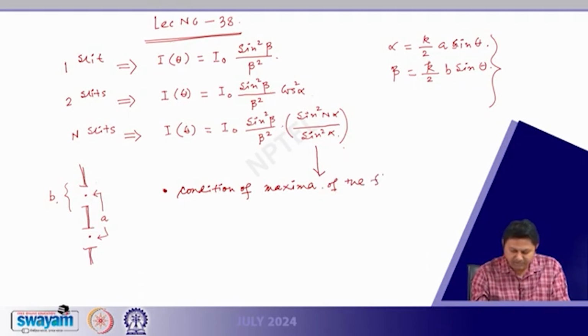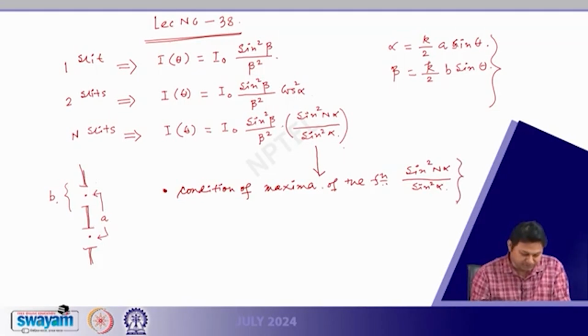Let me write the function explicitly: sine square n alpha divided by sine square alpha. I want to find out the maxima of this function.